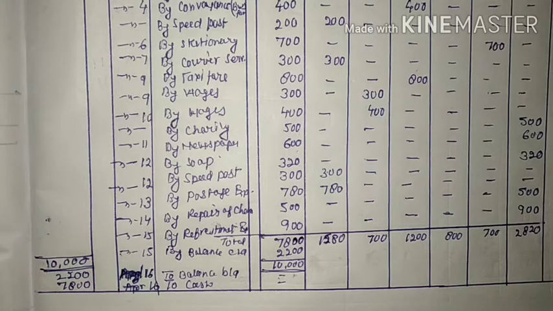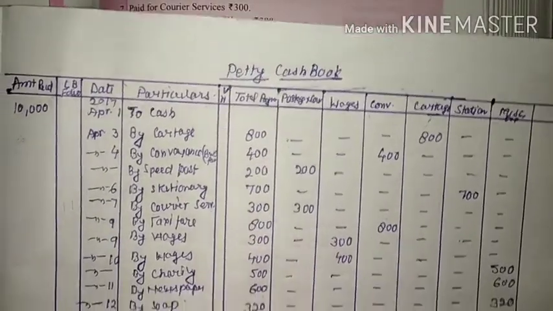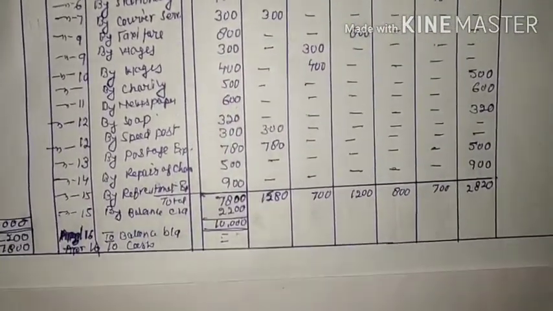It can be maintained month-wise also. It depends on the business, from one organization to another. So that is how we will maintain the petty cash book. Okay, thank you.